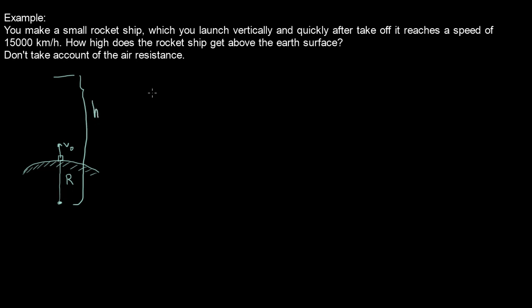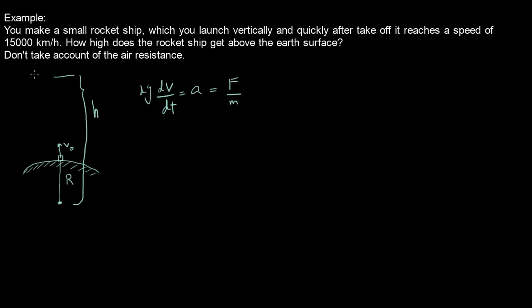For solving this problem, we remember that dv divided by dt is equal to a, which is equal to force divided by mass of the rocket ship. Now I'm going to multiply by dy.